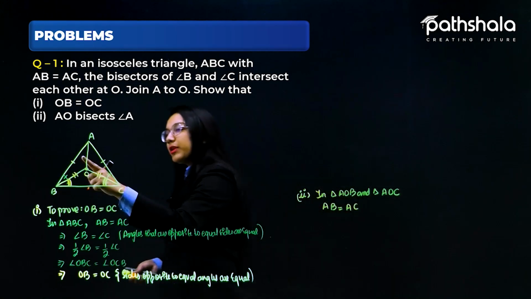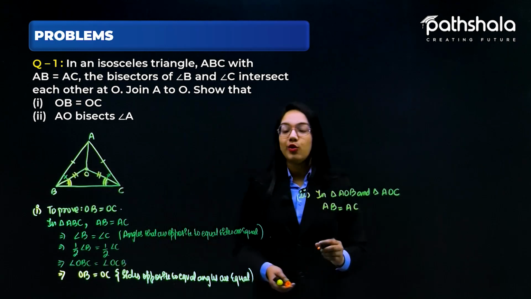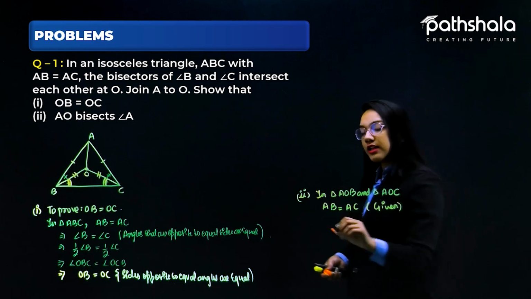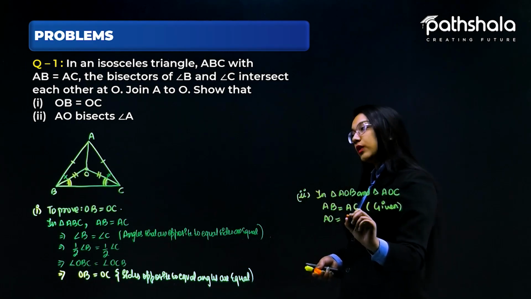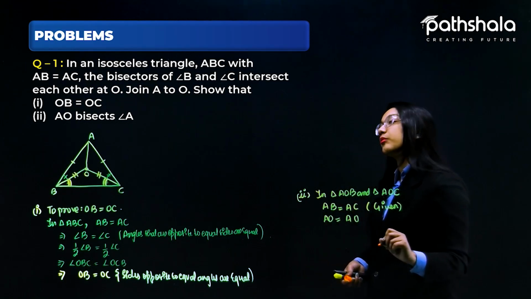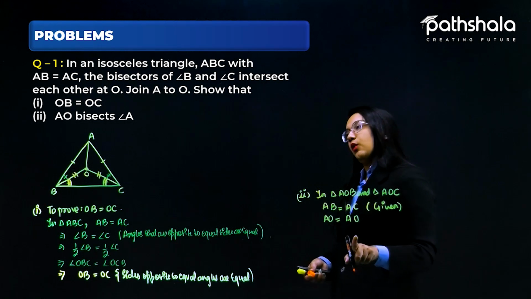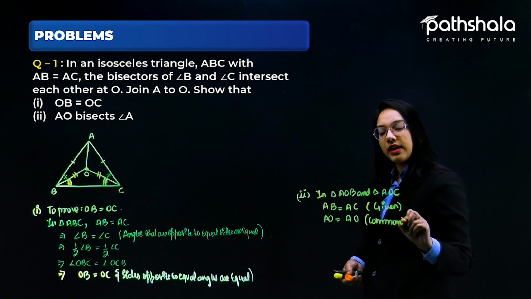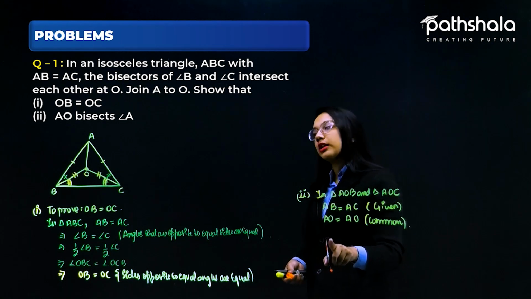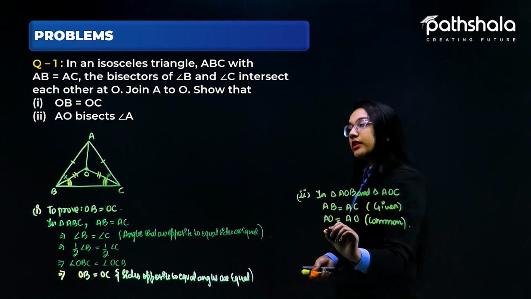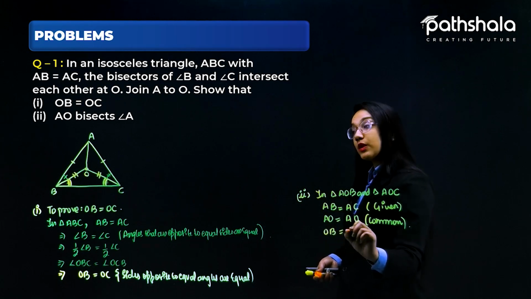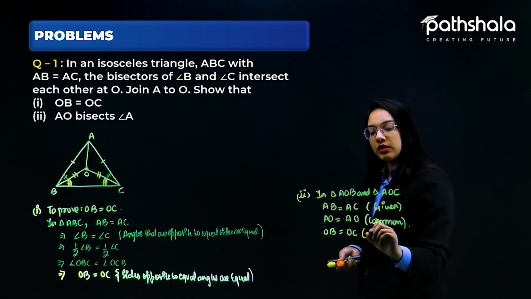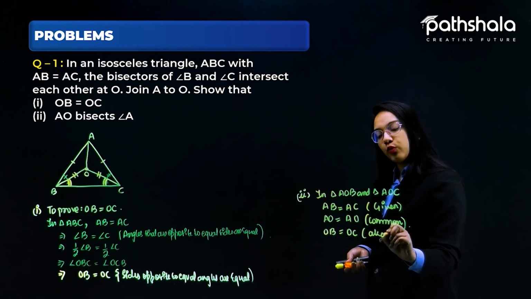Since AB is equal to AC, this is a given condition. Further, we can say that AO is equal to AO, which is a common side. Furthermore, OB is also equal to OC from the first part, which is already proven.